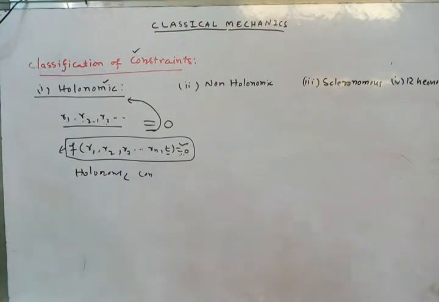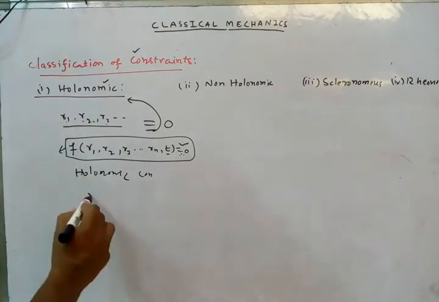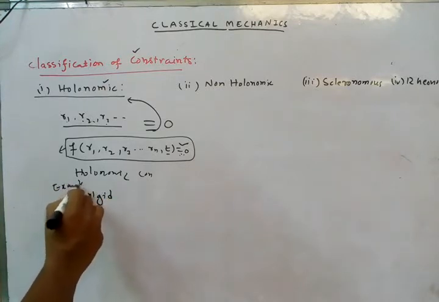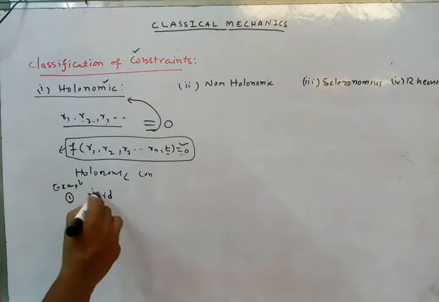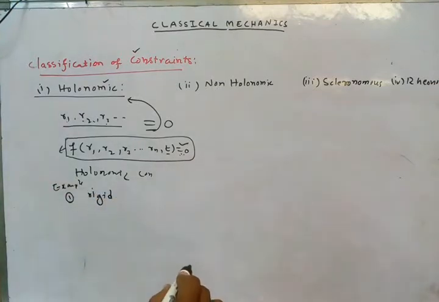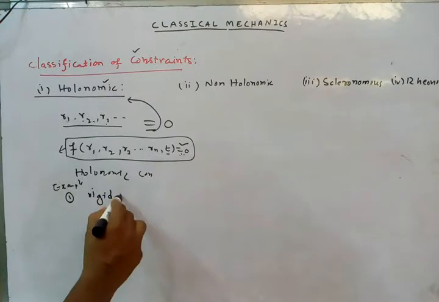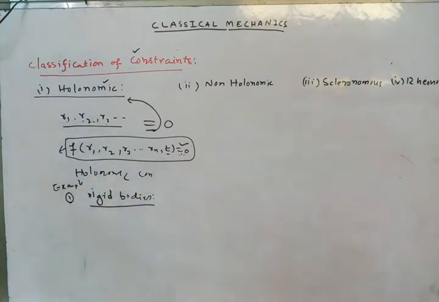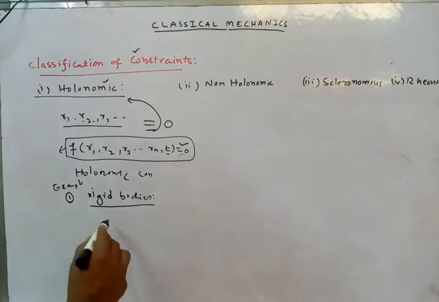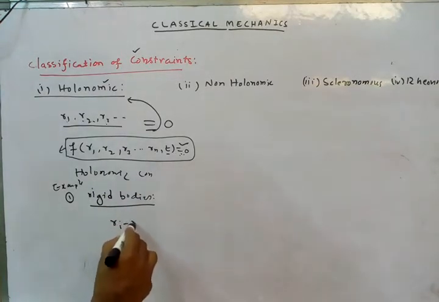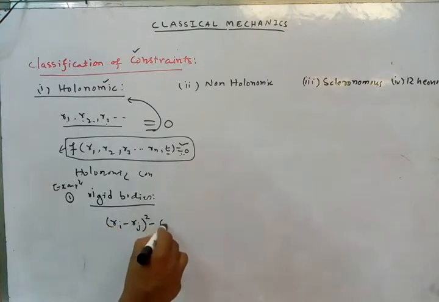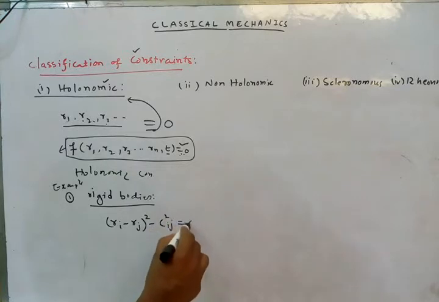See, we take one example: the constraints in the motion of a rigid body. The constraints involved in the motion of rigid bodies. If the rigid body equation is like this: (ri minus rj) whole square minus cij square equal to 0.